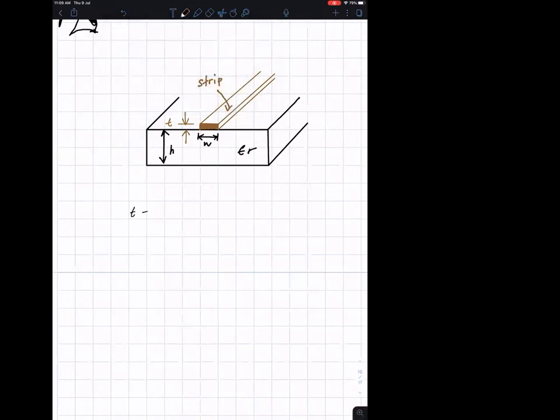T is the thickness. Relative dielectric constant.